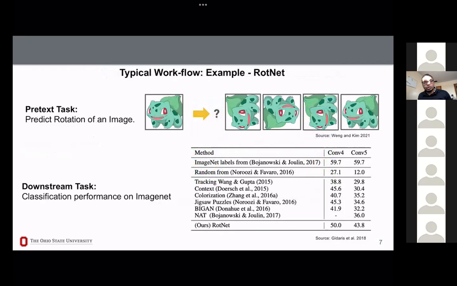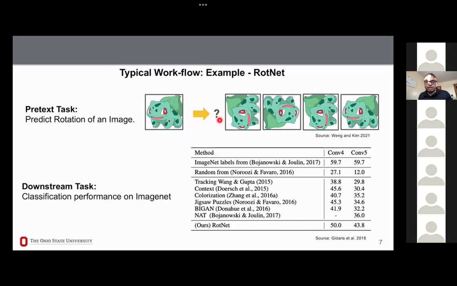Now this is a more concrete example, and I just put in a result table as well. This is another pretext task, predicting the rotation of an image. So given this image of Bulbasaur, if you know this Pokemon, we can create labels by rotating this image, and because we created that label, we know how much we rotated.